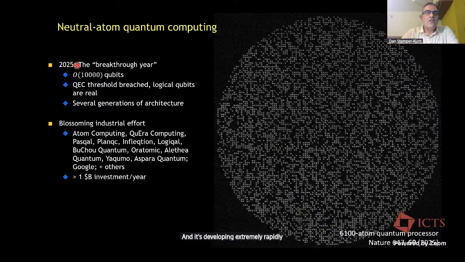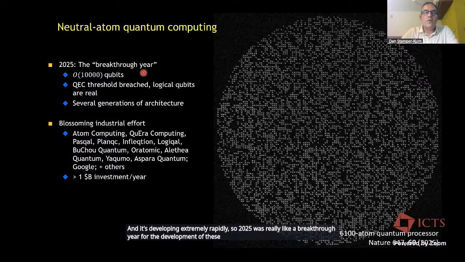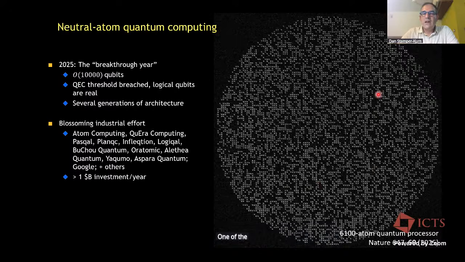So 2025 was really like a breakthrough year for the development of these neutral atom quantum computers. One of the really amazing results came out of my colleague Manuel Endres at Caltech, who showed that under a single microscope objective, within that field of view, he could build up a processor that includes already thousands of perfectly identical qubits.